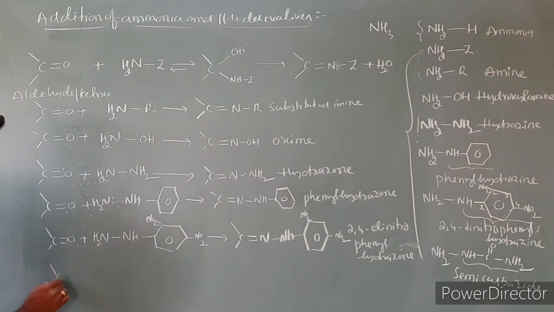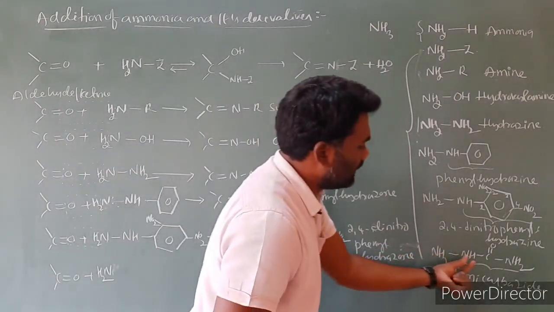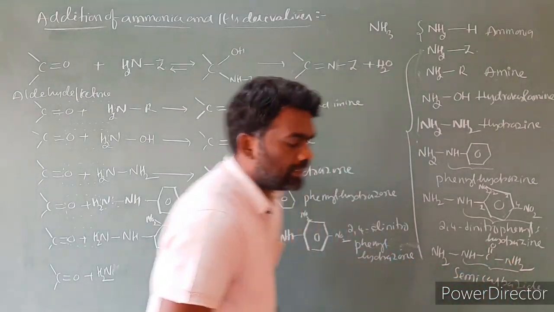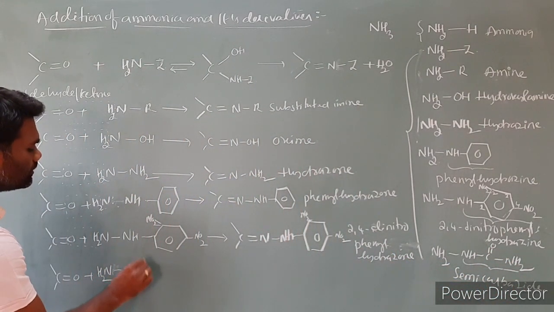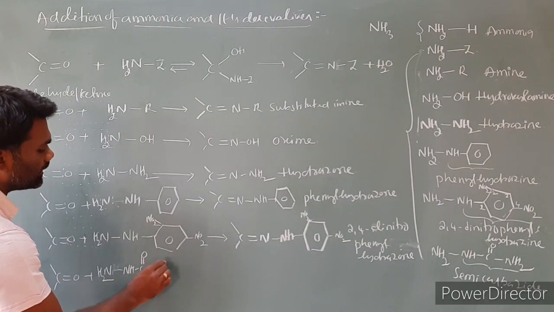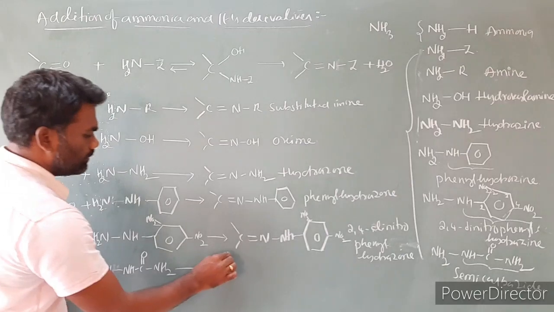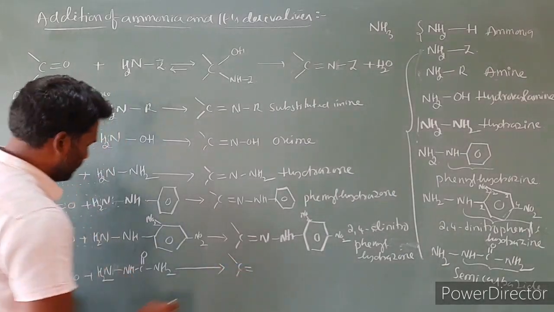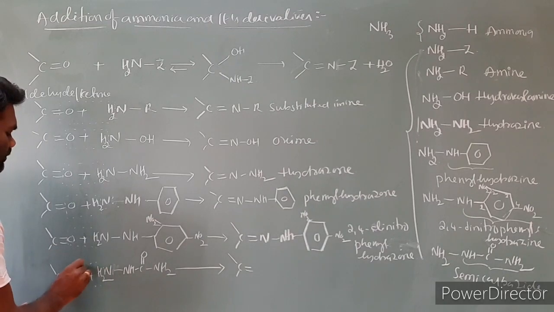Then C double bond O plus NH2 NH C double bond O NH2. What is the product? C double bond N, and again the same concept: we have to remove water.